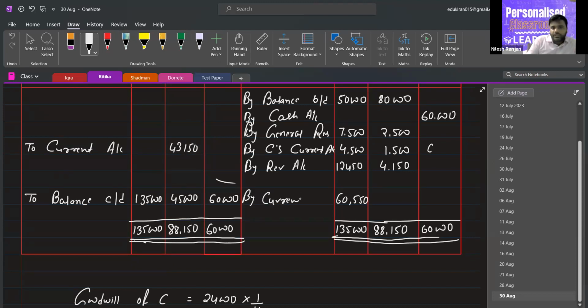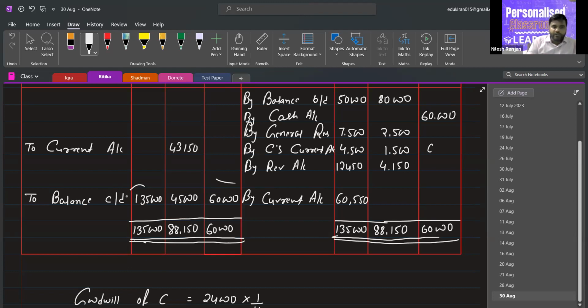Okay, you understood the part? First, we need to write all the adjustment items, and we will write the proportionate capital in the balance, and then calculate the difference between debit and credit side, and the amount will be transferred to cash account or current account as required. So the new balance is this.